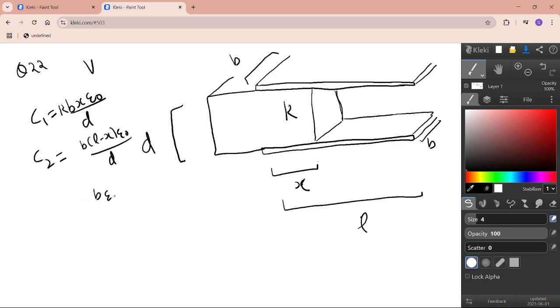We have b epsilon naught by d as common, and we find Kx plus L minus x.